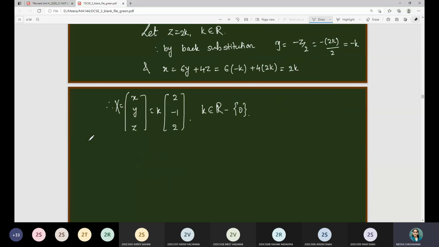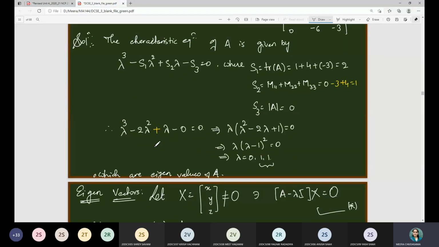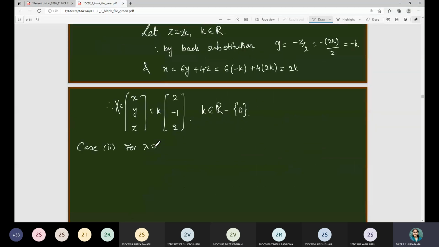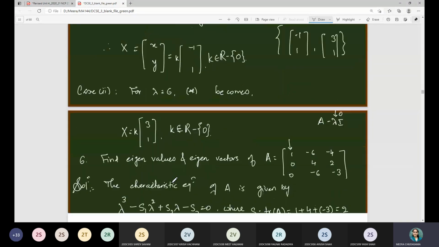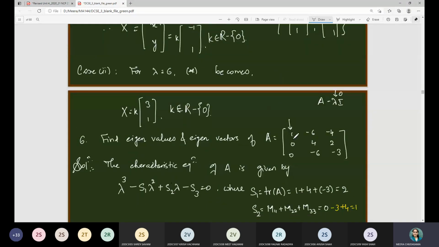Now, case 2. That is for lambda is equal to, which value was repeating? Let me see, 1. So for lambda is equal to 1, star becomes, the original matrix in which the diagonal elements will be subtracted by 1. So here 1 minus 1 is 0, 4 minus 1 is 3, minus 3 minus 1 is minus 4, right?